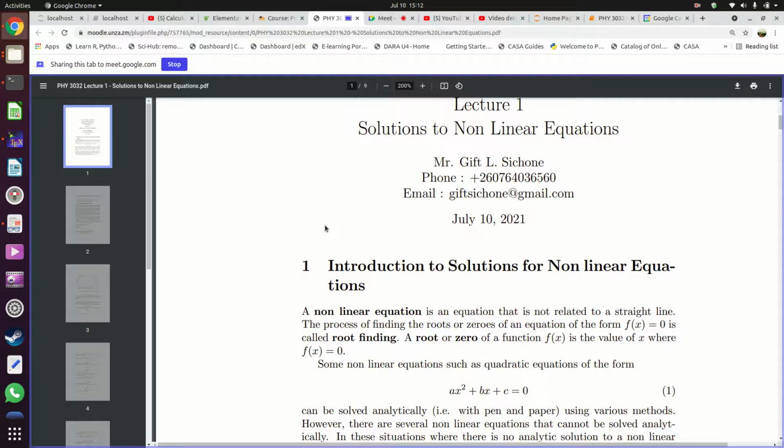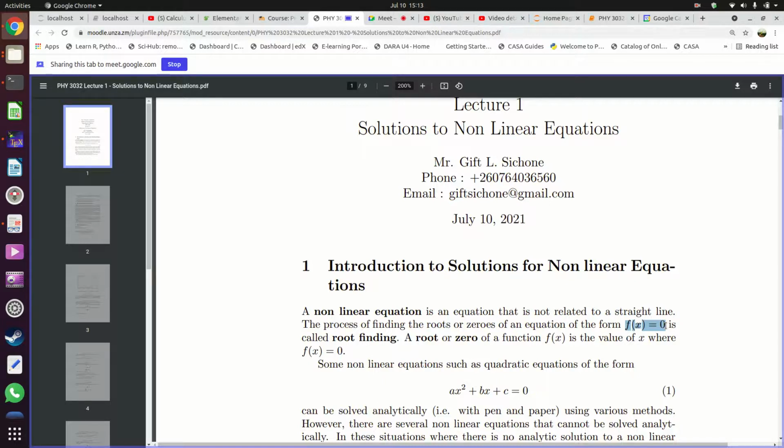Okay. Now, when you're trying to find solutions, that's what's referred to as root finding. So you're trying to find the roots. The roots, which are the solutions to an equation, are also referred to as zeros. The zeros of an equation are the values of x where f(x) = 0. So you're looking for a value of x where the function has a value equal to 0.